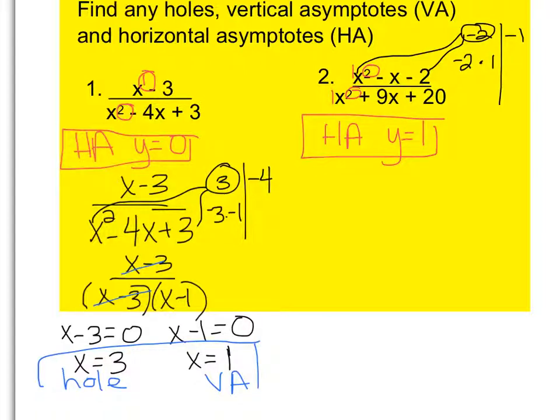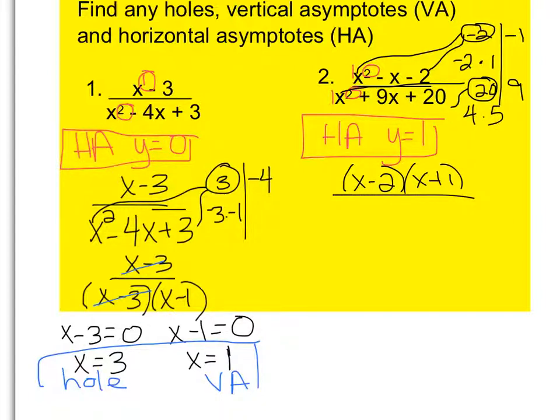So my numerator becomes x minus 2 and x plus 1. For the bottom one, we have 1 times 20, which is 20. And this time the factors have to add up to 9. Hopefully you figured out 4 and 5. So my denominator becomes x plus 4 and x plus 5.